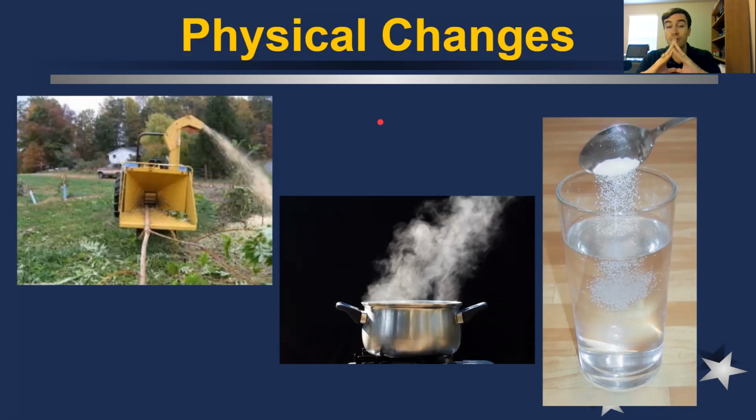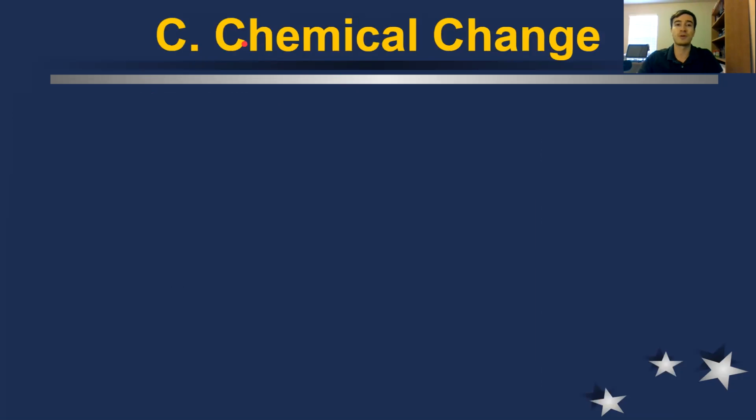Now, what if we start off with one chemical, one set of matter, and we end up with something new, something different? We don't have a physical change anymore. Instead, what just happened is a chemical change.